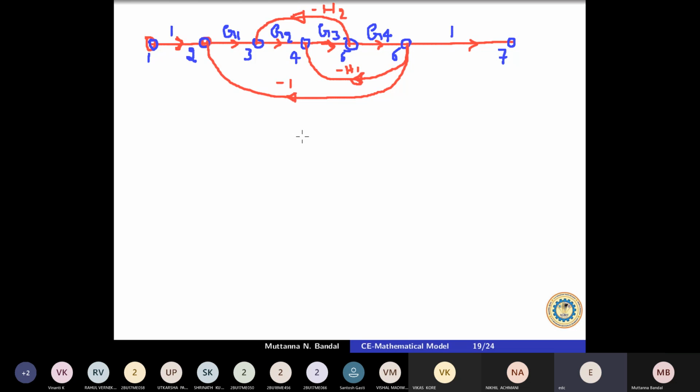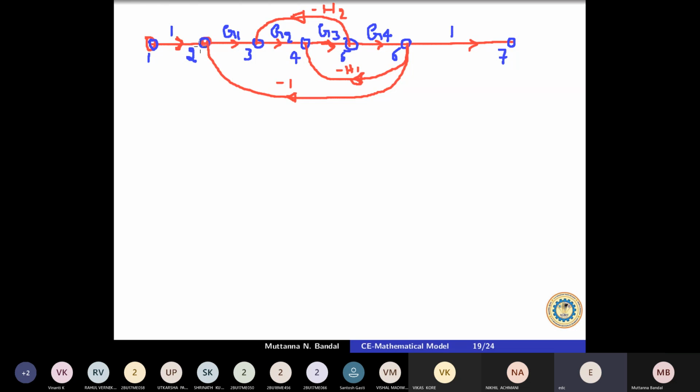Now here what I have done, I have represented the signal flow graph, in which the circular things are called the nodes, and the arrow marks show the flow of the signal from one node to another node. And these signals have certain values which we call gains.